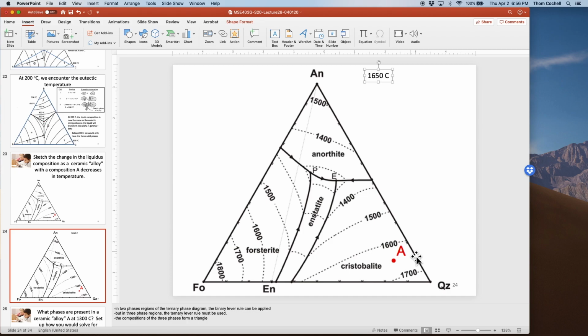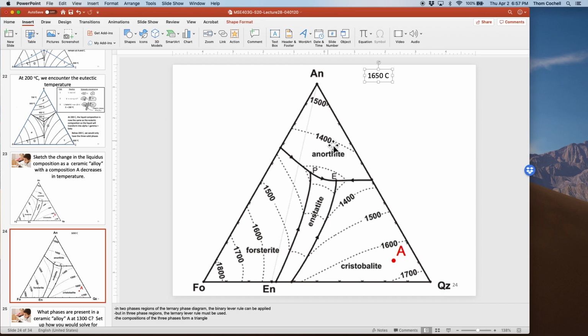That first solid is going to be based on the primary phase field, which is cristobalite, which is basically a phase of quartz. So that's the first thing that I see. At 1650, the liquid is going to have the composition of A. And then the solid is always going to have a composition of cristobalite, which is pure SiO2.